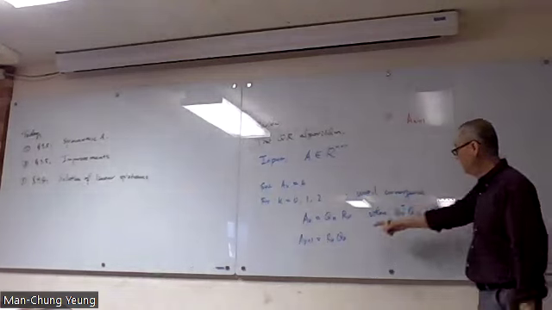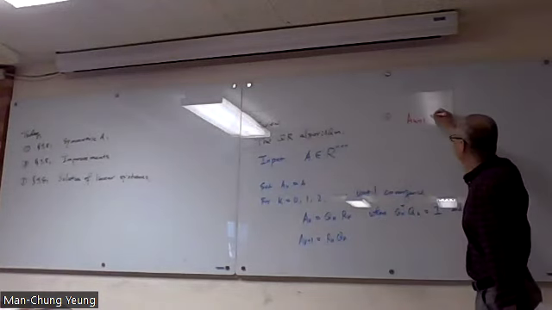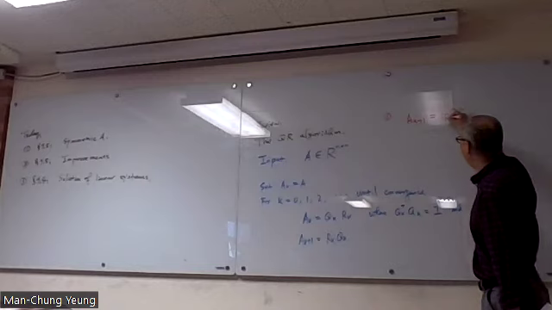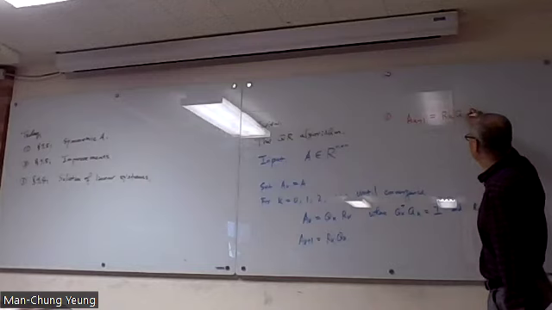How to see this? Ak plus 1 is Rk times Qk.